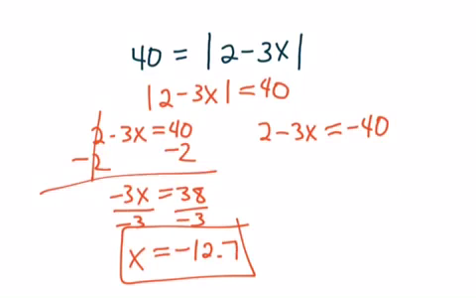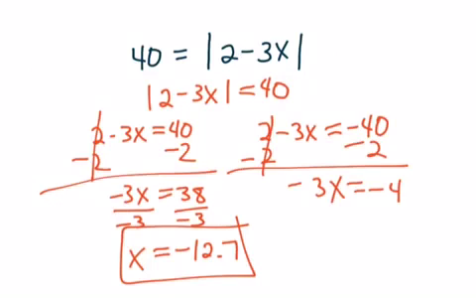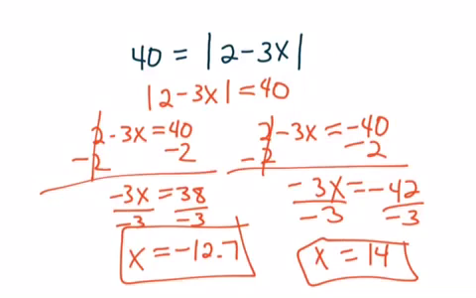Other one, minus 2, negative 3x equals negative 42. Divide by negative 3, x equals 14. So the answers to this question are both negative 12.7 and 14.